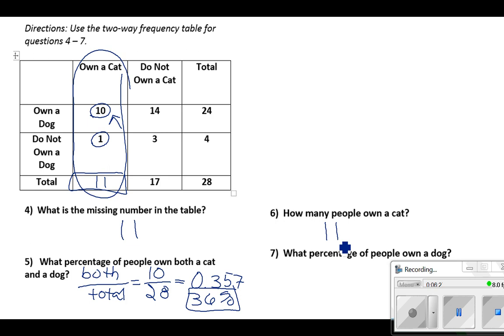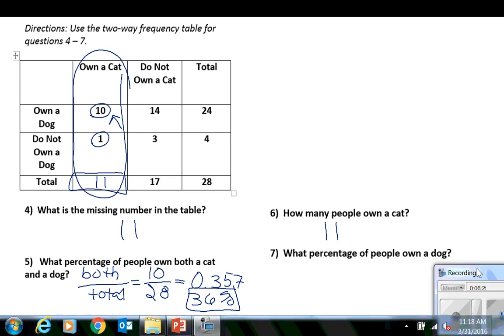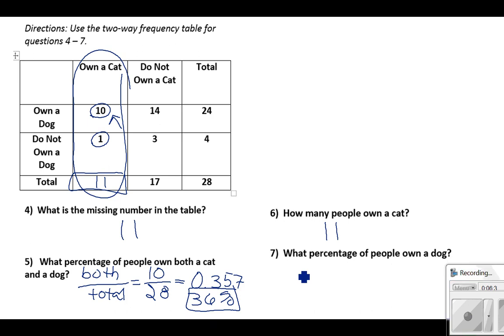What percentage of people own a dog? So this one we're going to do the people that own a dog over. Looking for the people that own a dog, we are looking at this whole section because we're, again, not looking for anything about people owning a cat.